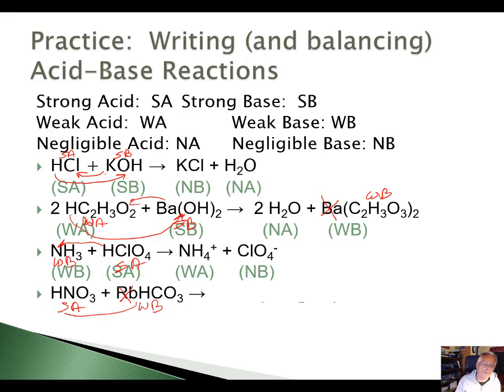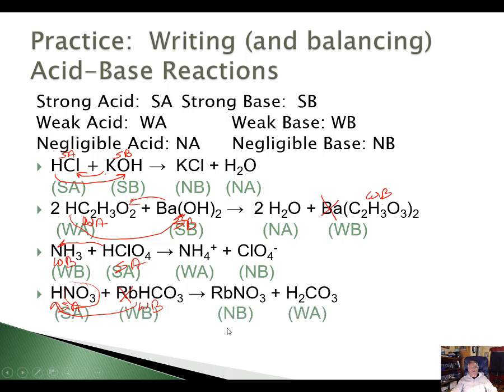So it's going to pick up this proton, and then you're going to have some rubidium nitrate as your salt, which will be neutral. Because this is a strong acid, nitrate is a neutral conjugate base when it shows up over here on the product side. So here we go. You've got a neutral base and a weak acid. This is carbonic acid.